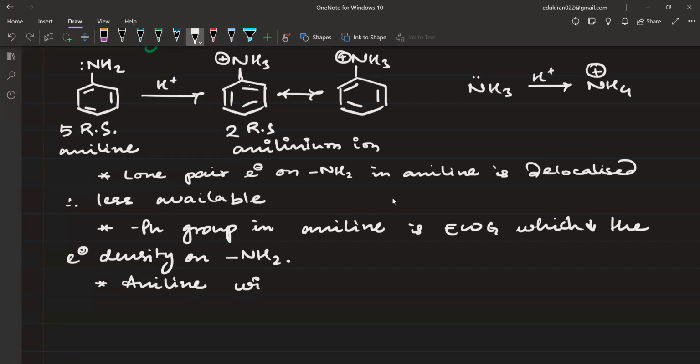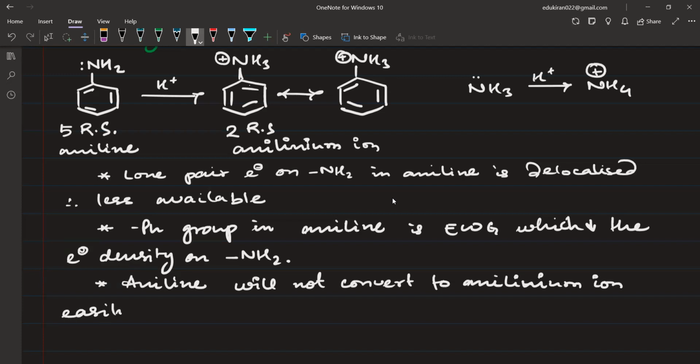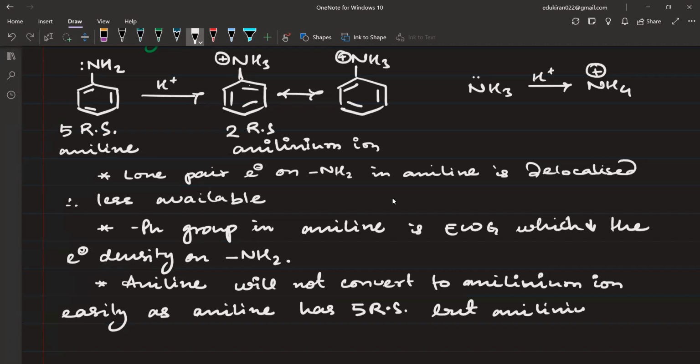Last point, aniline will not convert to the anilinium ion easily, as aniline has 5 resonating structures, but the anilinium ion has only 2 resonating structures.